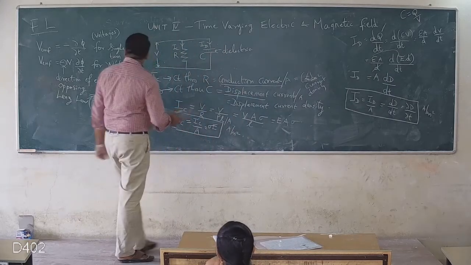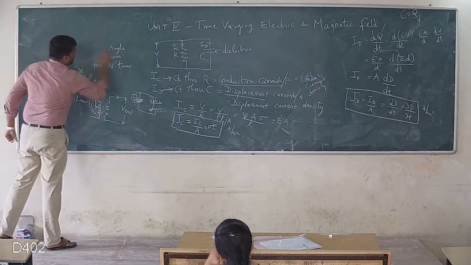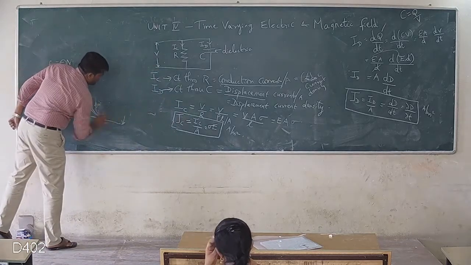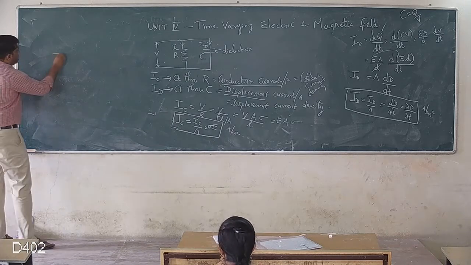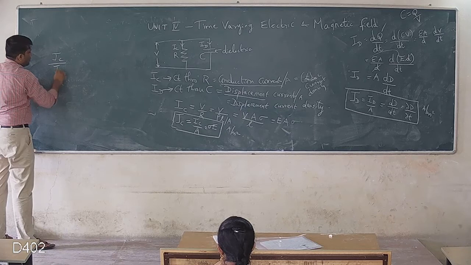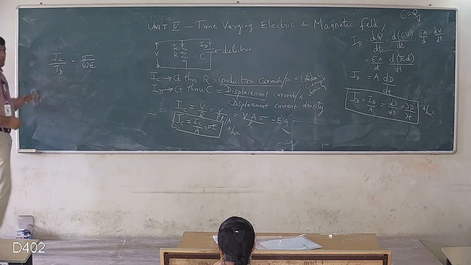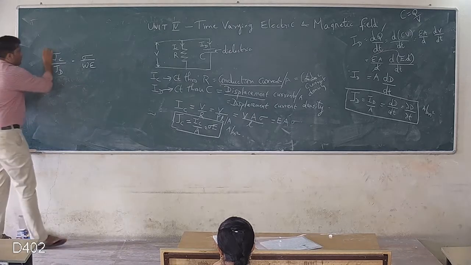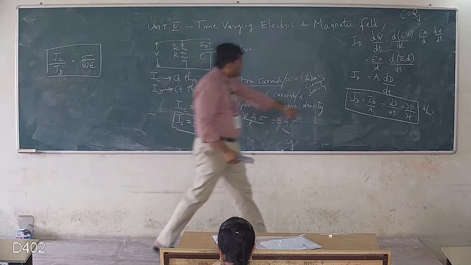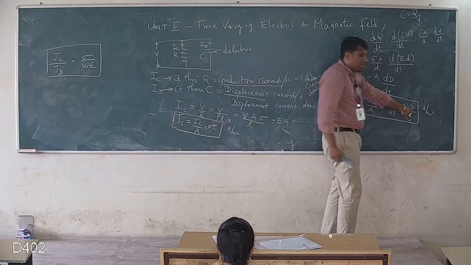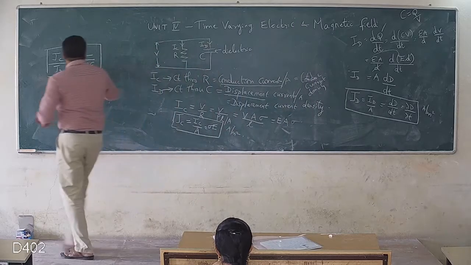So if I take the ratio, you will find JC by JD is equal to sigma by omega epsilon. So this is an important ratio. If I take E vector, E is equal to some value, and here also there is E value. If I take E and differentiate, and take the ratio, you will get sigma by omega epsilon.